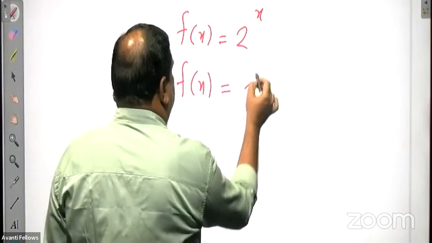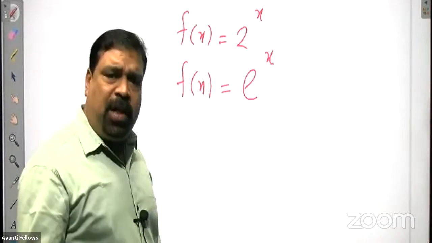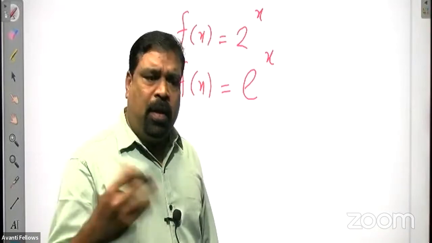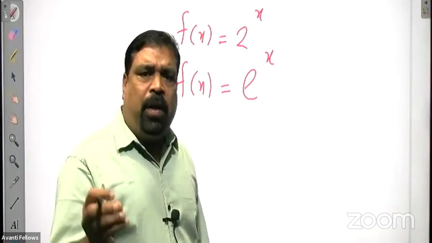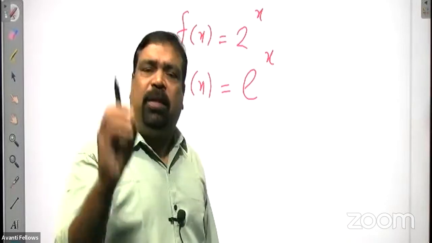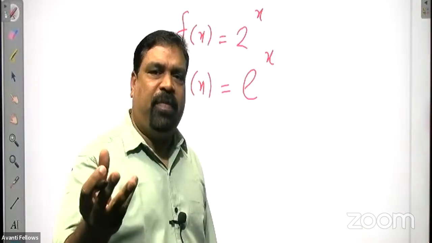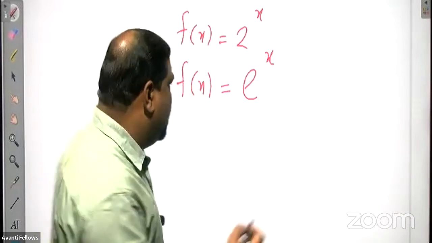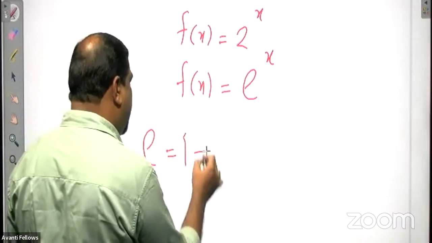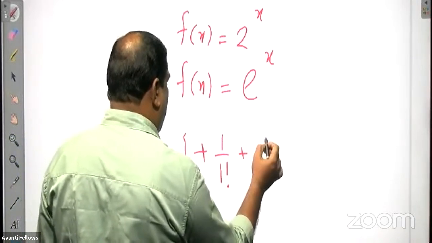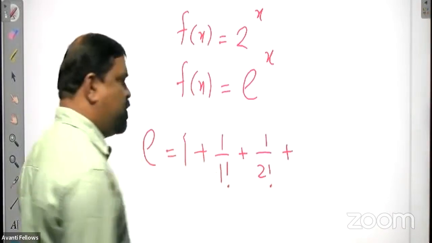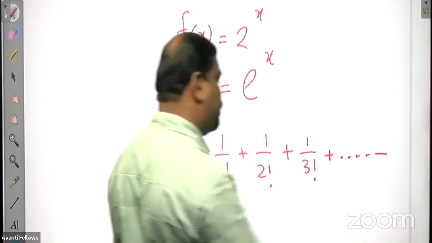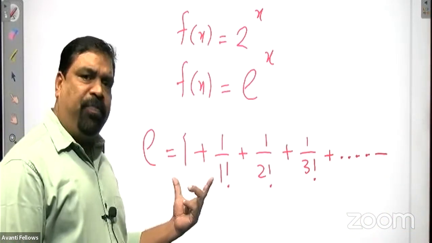When we take the function e raised to x, e is also a special real number, just like our pi. e has some importance, and this is not the time to discuss it in detail. Just remember that e is a mathematical constant, just like pi, and its approximate value is 2.7 something. e comes from an infinite series: 1 plus 1 by 1 factorial plus 1 by 2 factorial plus 1 by 3 factorial, and so on.